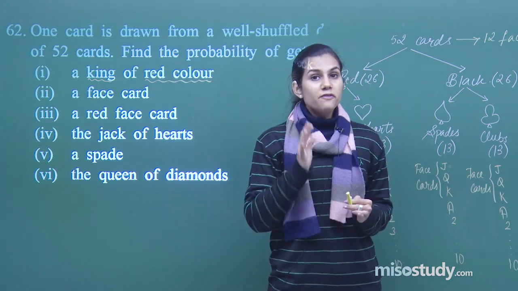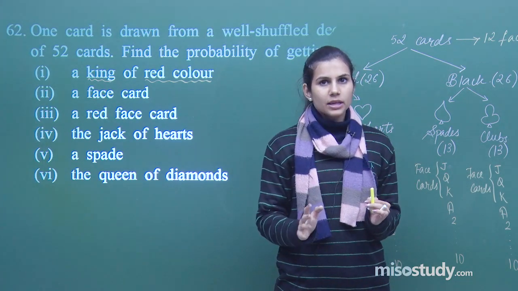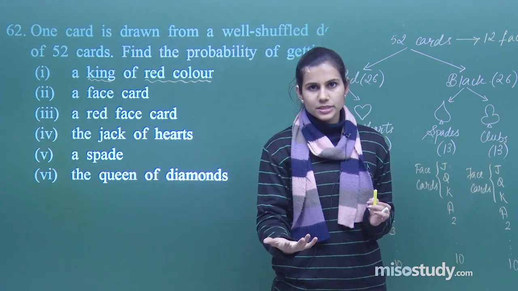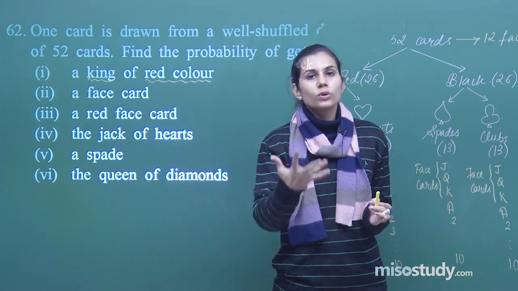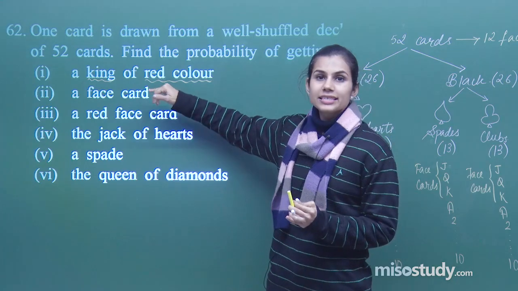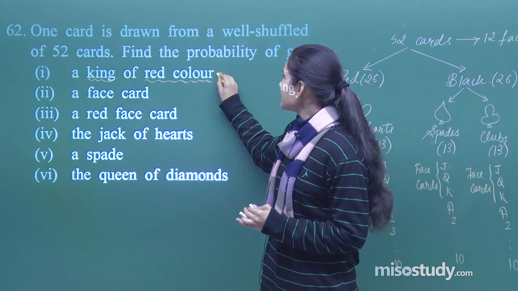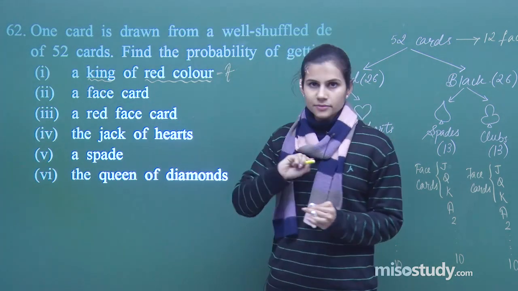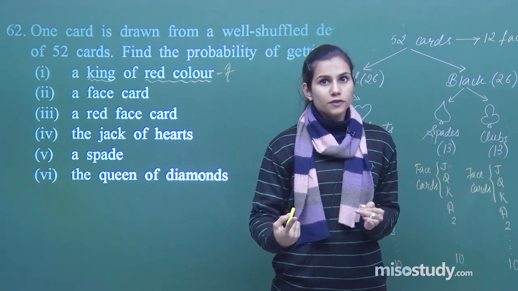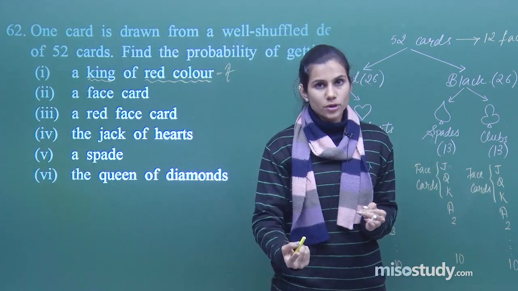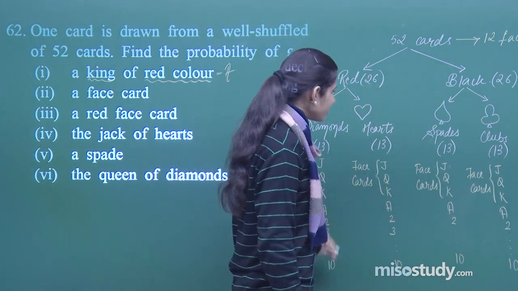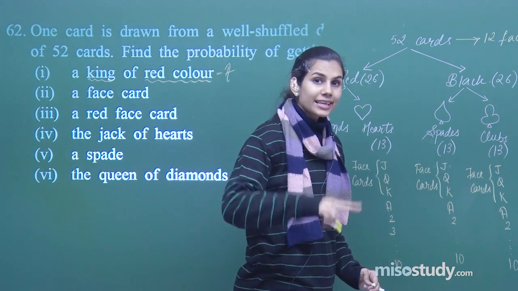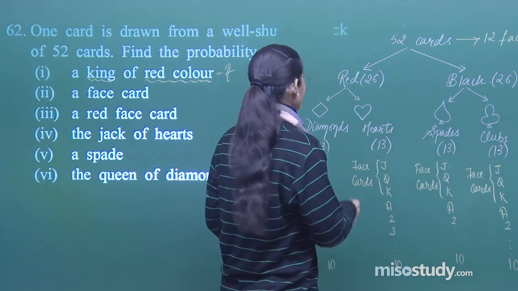Out of the available 52 cards, which are those cards which are going to let this event occur? So let me say this is event A. Out of 52 possible outcomes, which are my possible outcomes which are going to let this event occur? Now please try to get the structure. You want a king in red color.